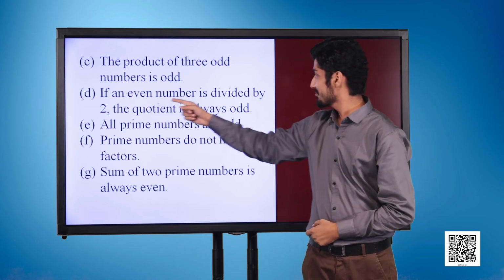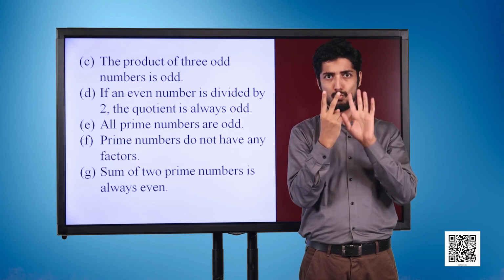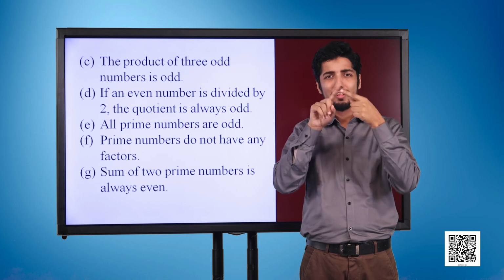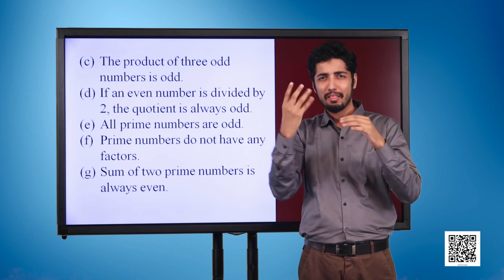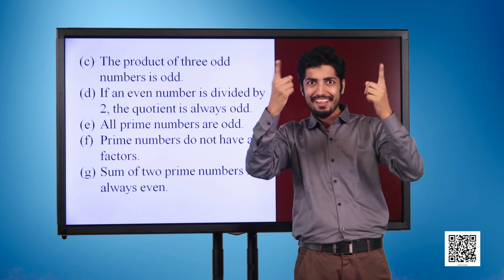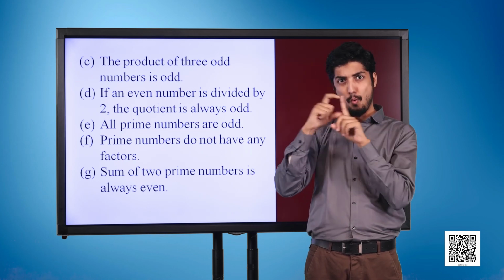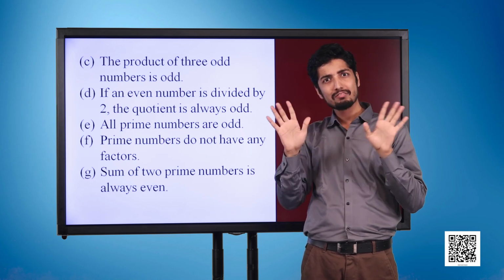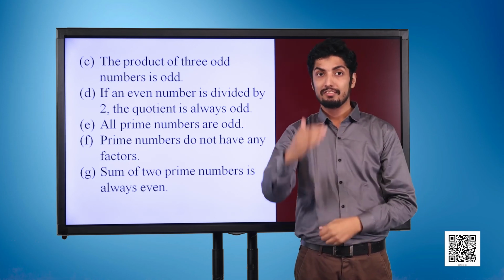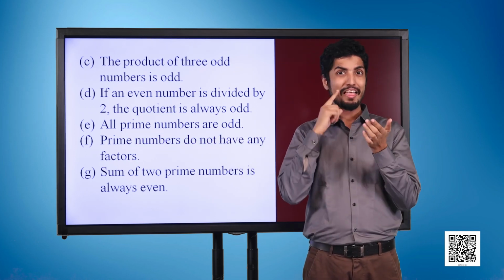D. If an even number is divided by 2, the quotient is always odd. E. All prime numbers are odd.